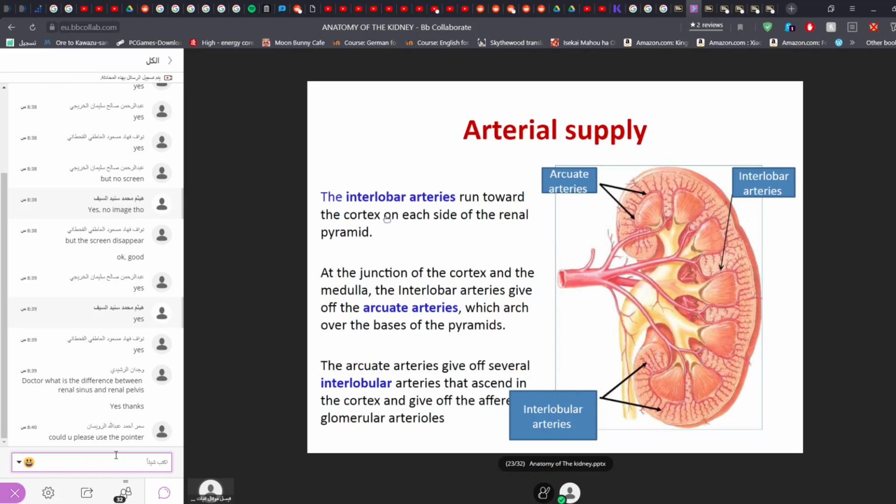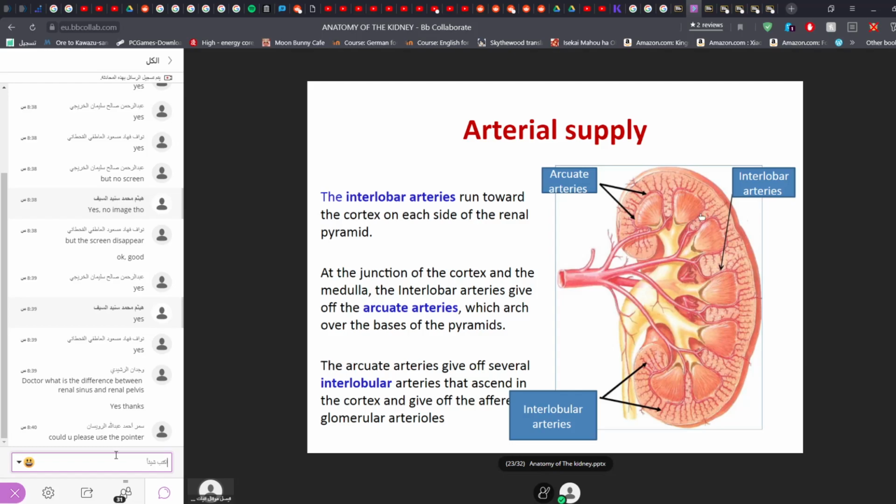Interlobar arteries run towards the cortex on each side of the renal pyramid. At the junction of the cortex and the medulla, these interlobar arteries turn towards the base of the pyramid.